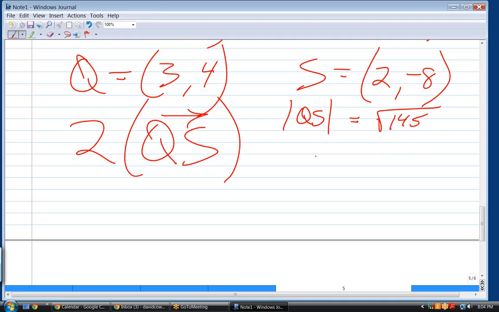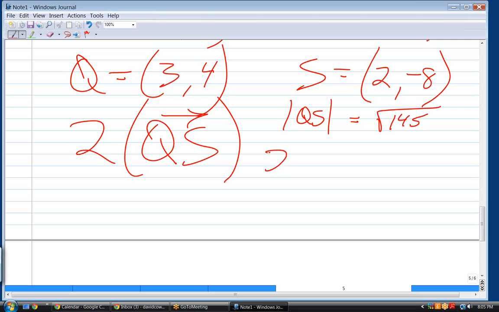Now, that does simplify a little bit, I think. No, maybe it doesn't. No, I don't think that does simplify. That's not divisible by any of your perfect square numbers. Not divisible by 4, not divisible by 9, not divisible by 16, or 25, or 36, or 49. That's simplified as much as I can simplify it.